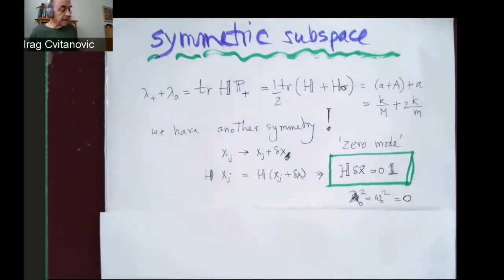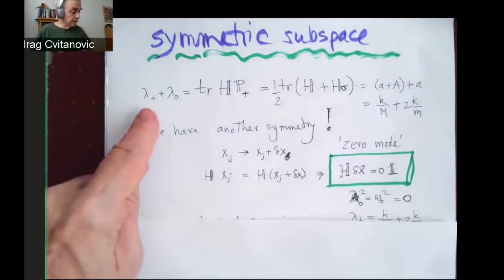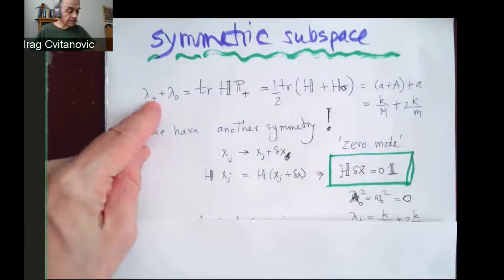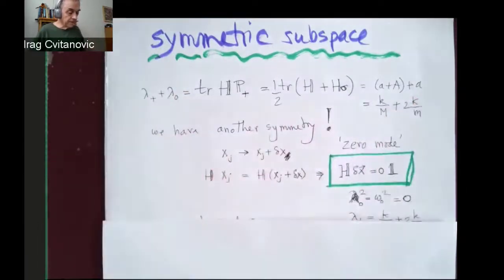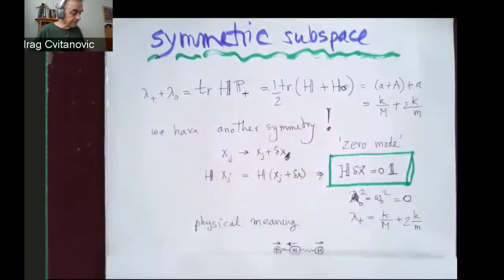What is now the meaning of the other eigenmode? So now we know the eigenvalue is just a sum because this one is 0. So what's its meaning? Whenever you have a zero eigenmode, the other eigenvector is not obvious because you can add this eigenmode to it. We can compute delta x for the eigenmode, and it just changes its orientation. But in this case, there is a natural orientation.